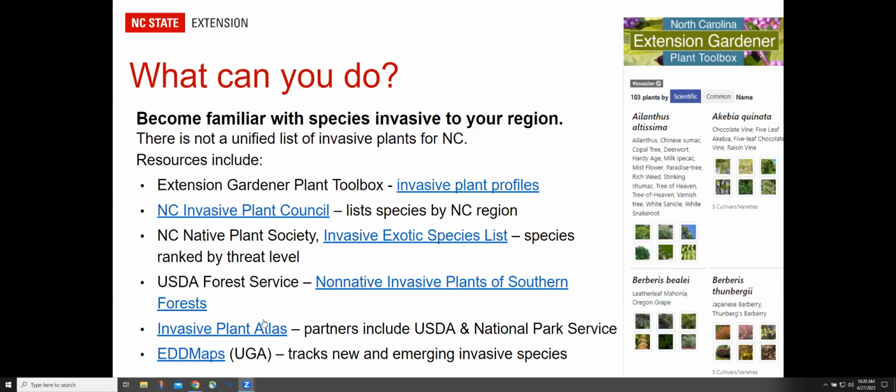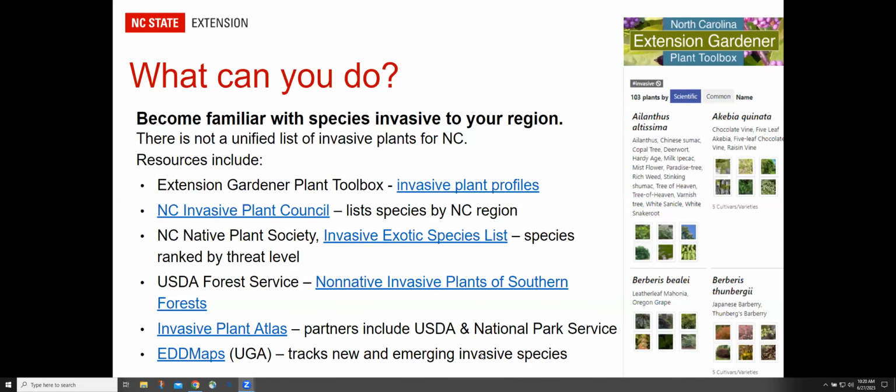And then a couple of sites like the Invasive Plant Atlas, which is a partnership between USDA, National Park Service, and other agencies. And there is a site called EDDMapS, which is out of the University of Georgia, and it tracks new and emerging invasive species. And we'll actually have a speaker later this year tell us more about EDDMapS and how you can contribute.